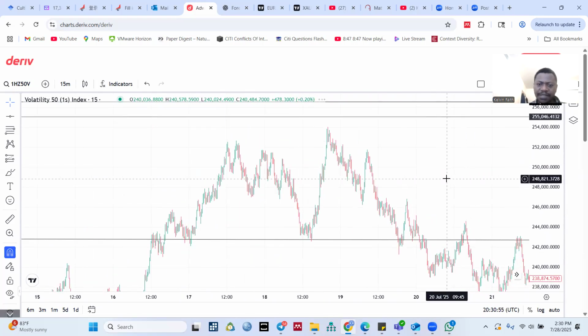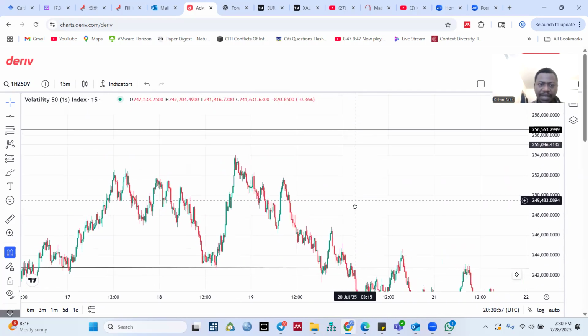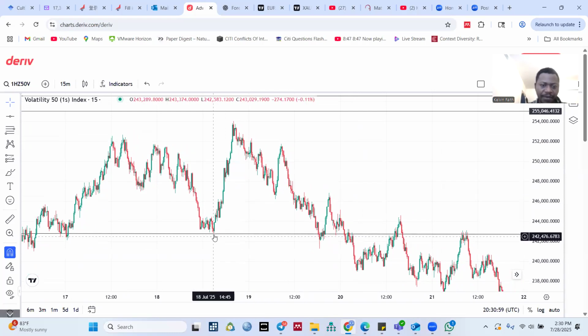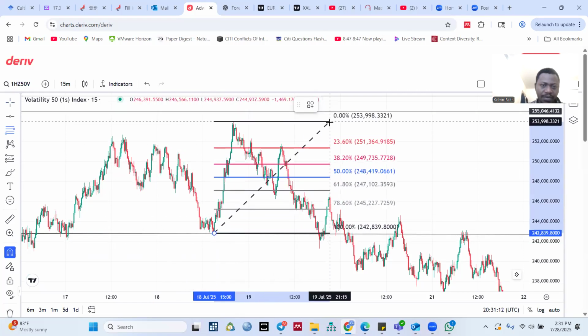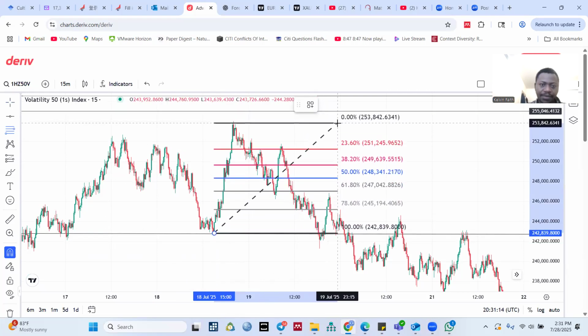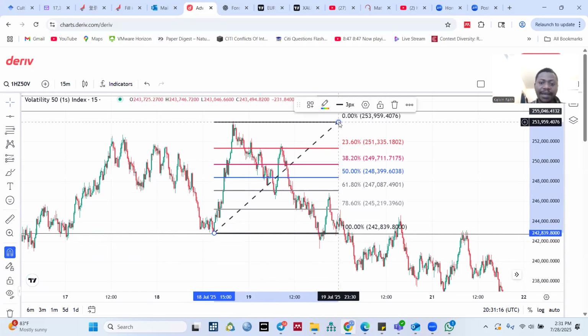On the 15-minute time frame, this is how that area looks. I have a range, a low here, and a high here. So I will take my Fibonacci and measure from this low or from that high to the high.